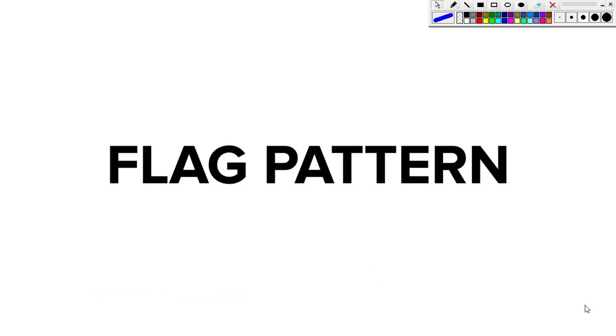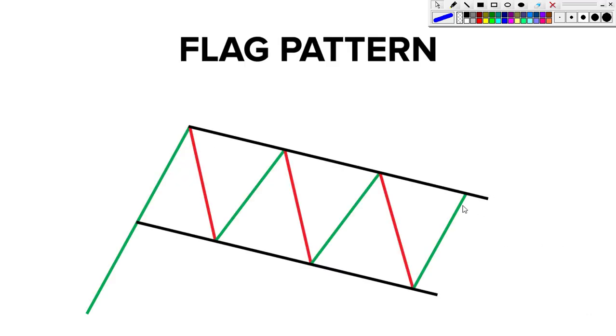What the flag pattern is, is when the current trend forms a flag. You'll understand it more when we get into it. So here is a simple concept of a flag pattern.